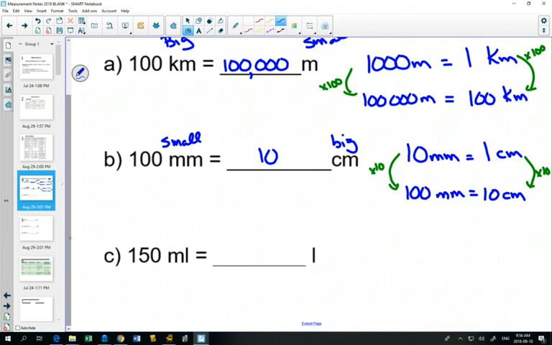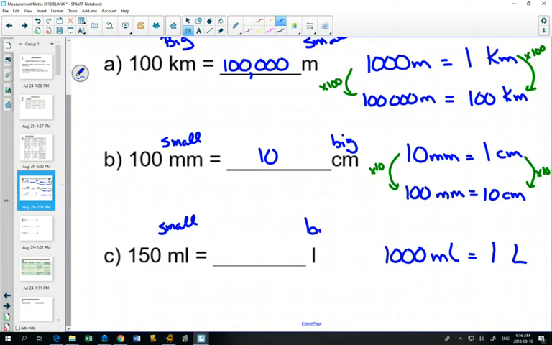Now we're in milliliters. Milliliters to liters. So we've got the prefix of the little m, which means that 1,000 milliliters is 1 liter. So here, this one is the small one.